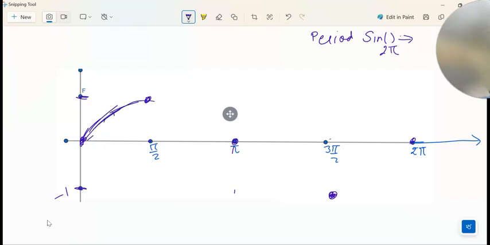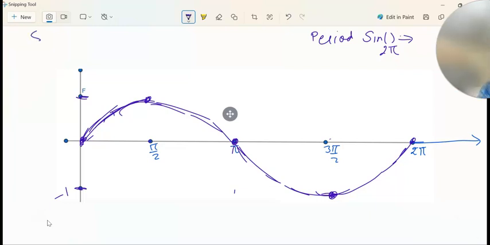The reason I took a little longer is because we want to know the other one. This is a sine graph. Now the question is saying sine 3 theta, right? So we want to know when this is going to be minus root 3 by 2. Minus root 3 by 2 is like minus 0.86, somewhere here.